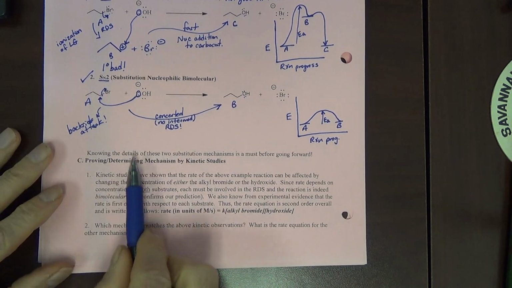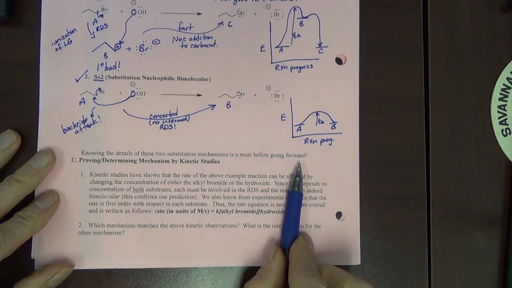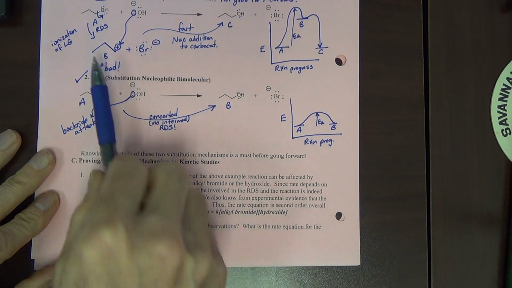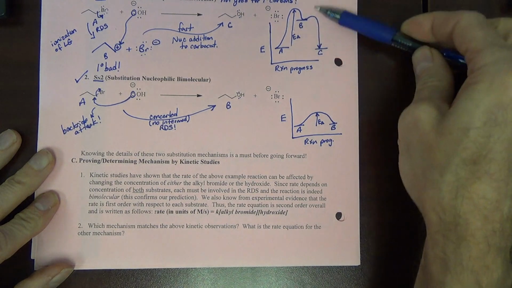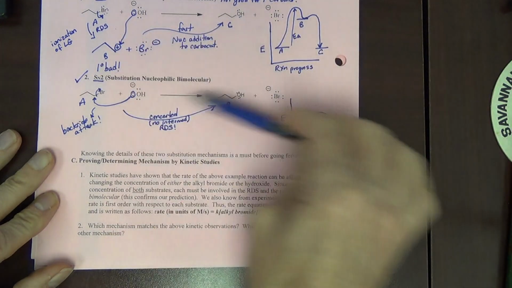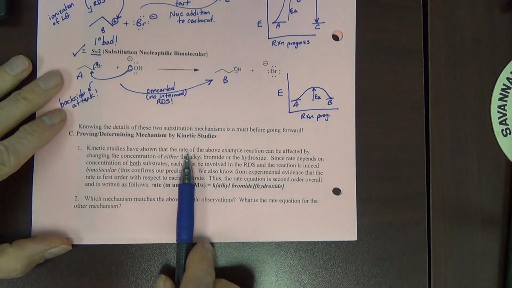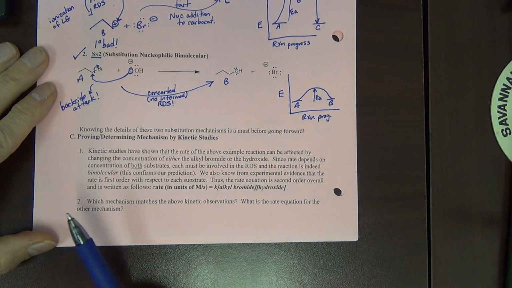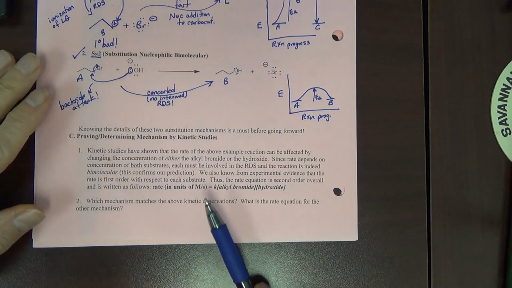Basically, knowing the details of these two substitution mechanisms is a must before going forward. Rate determining step, fast step, concerted, transition states, intermediates, etc. All right, let's talk about kinetic studies. We've already kind of talked about this up here.